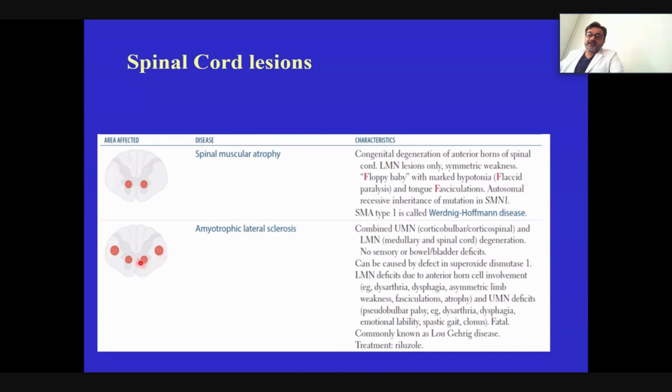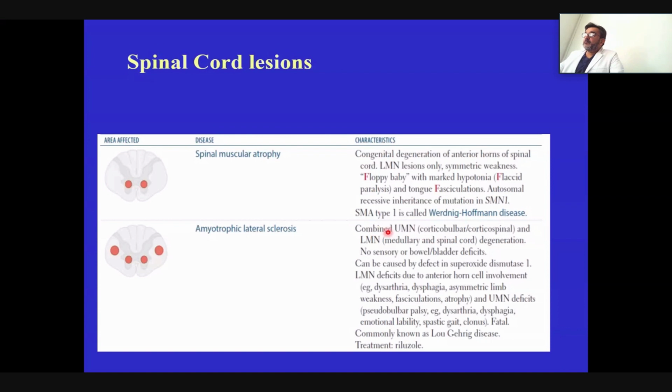Degeneration in the anterior gray horn cells will result in lower motor neuron type of paralysis, while the degeneration of the corticospinal tract will result in upper motor neuron type. So it's a mixed type of motor disorder with no sensory involvement.